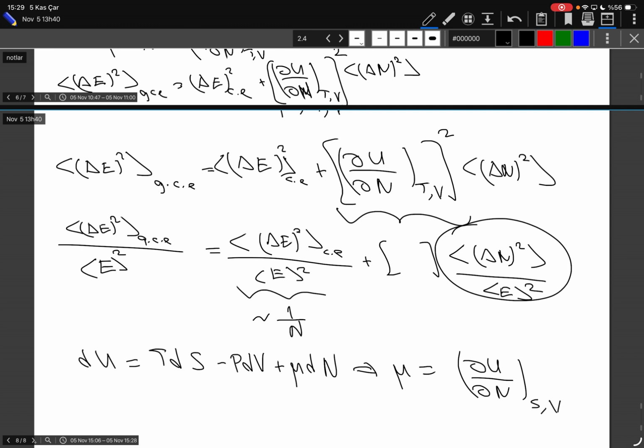But close to a phase transition, that fluctuation will not be negligible. So basically, the lesson of this second hour is that the grand canonical ensemble or the microcanonical ensemble will give you the same answers for every system that is far away from phase transitions. But at the phase transitions, they will give different numbers.